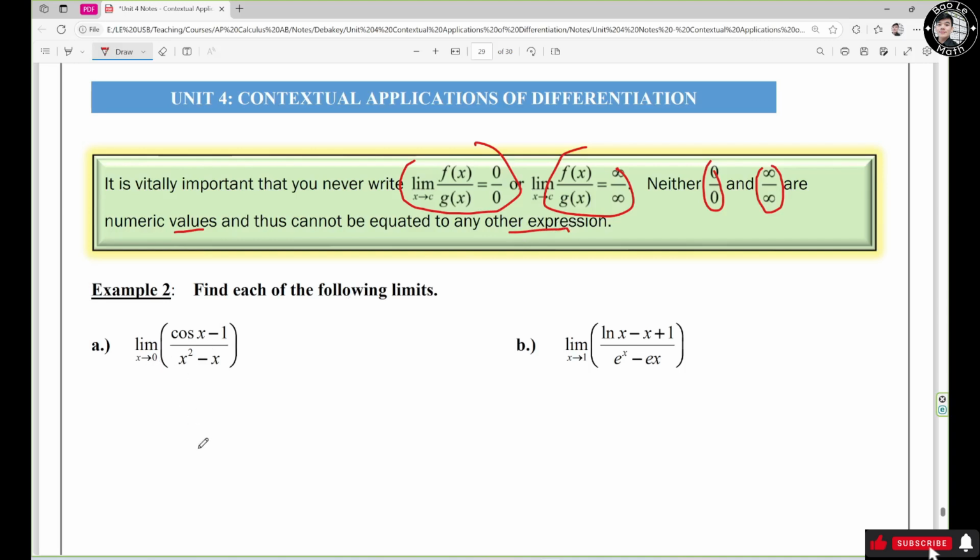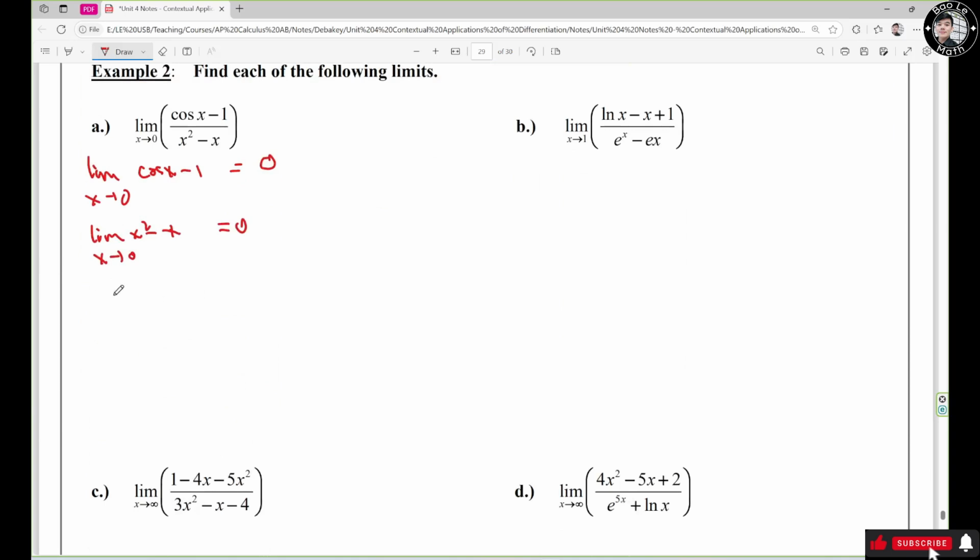Alright. Now example number 2. The limit of cosine s minus 1 as s approaches 0 is cosine of 0, which equals 1, so 1 minus 1 equals 0. Now the second one, the limit of s squared minus s as s approaches 0 equals 0. So L'Hôpital's rule applies.